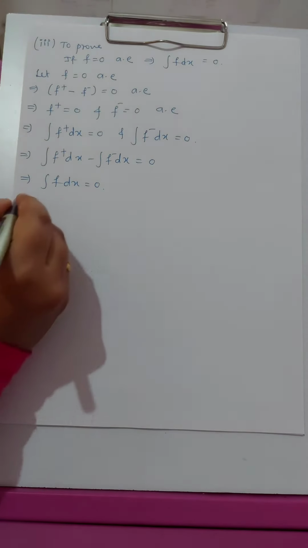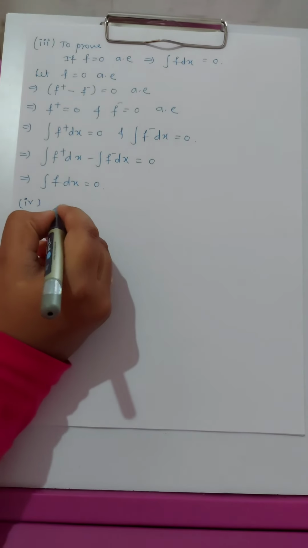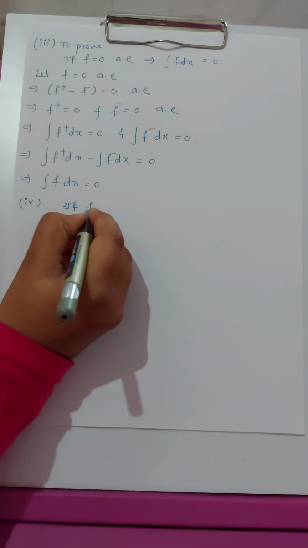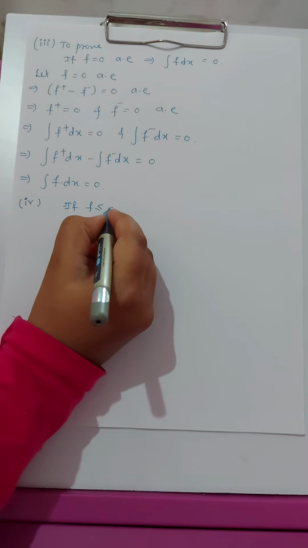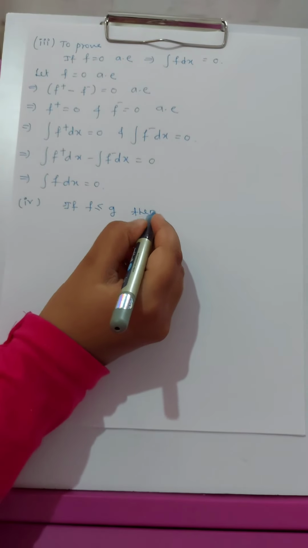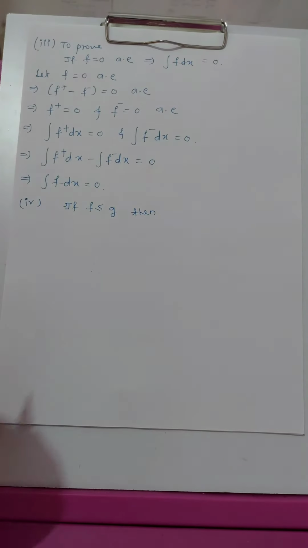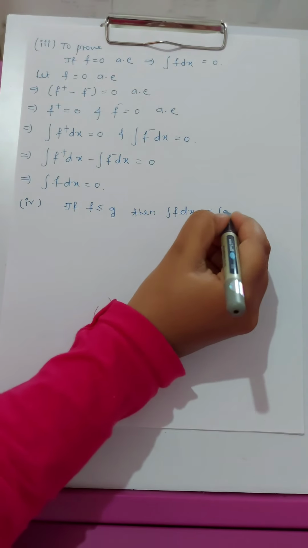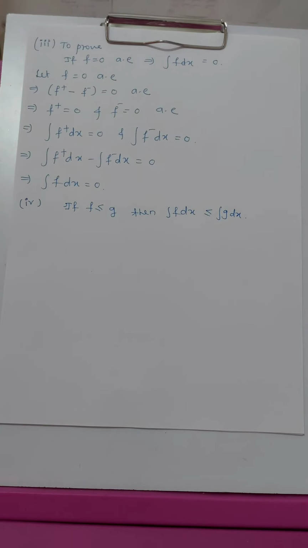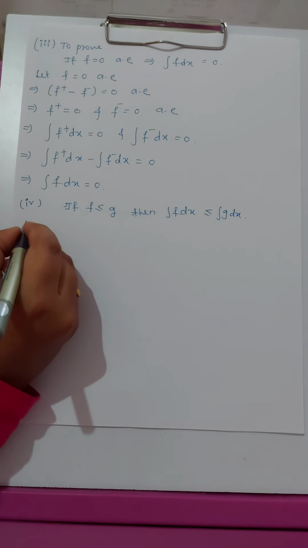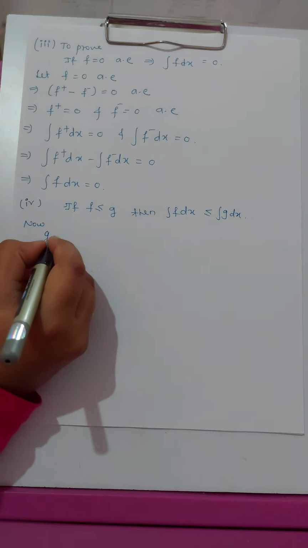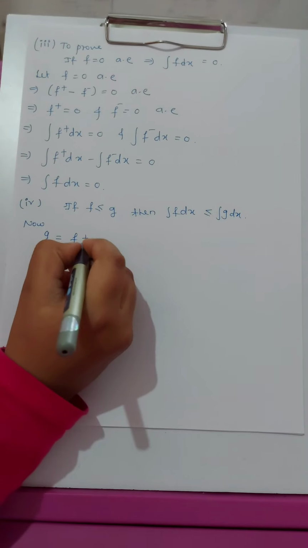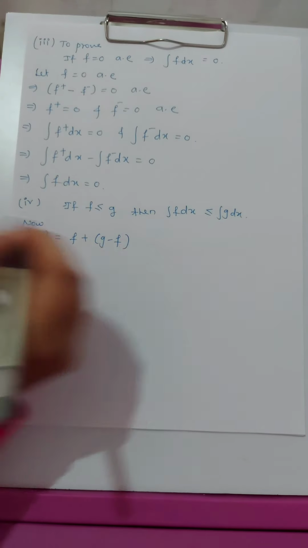In the fourth condition, we have to prove that if the function f is less than or equal to g, then the integration of f dx is less than or equal to the integration of g dx. Now the function g can be written as f plus (g minus f).